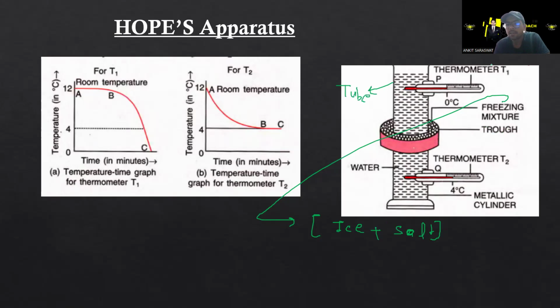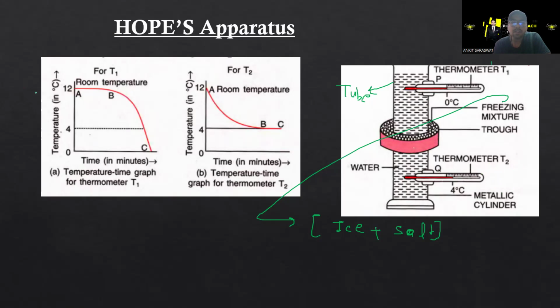In the upper part, you keep one thermometer, which will record the temperature of the upper part. In the lower part, we keep one more thermometer, which will read the lower part temperature value.